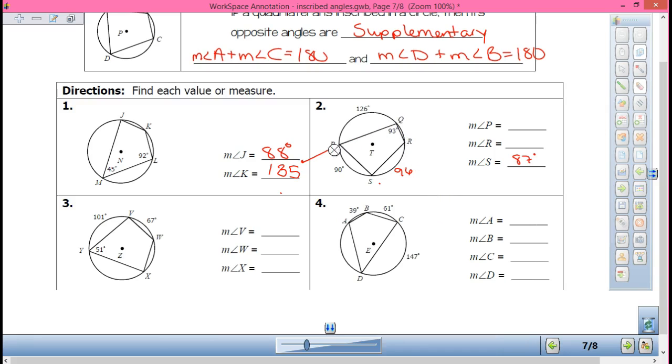Okay, so now we've got to be able to find either P or R, right? So this is 87. What do I have left for this guy right here? I've got 126 there, I've got 90 there, I've got 96 there.